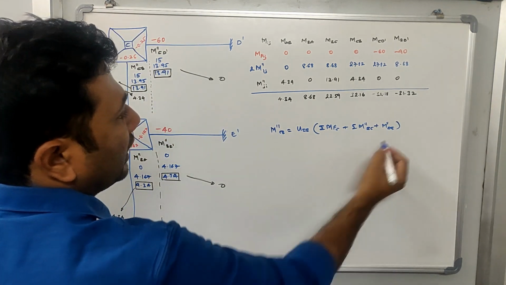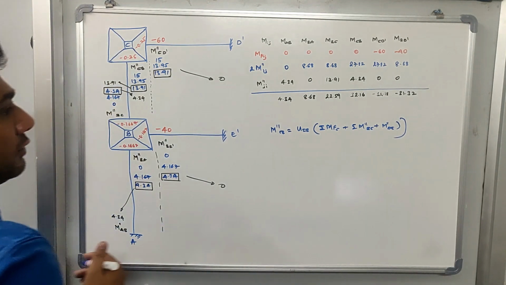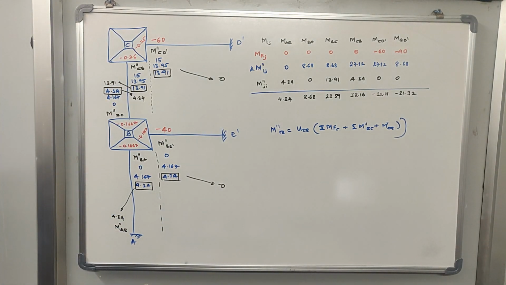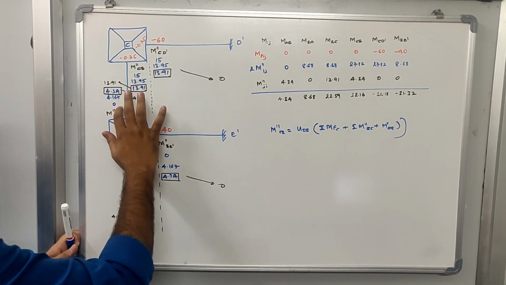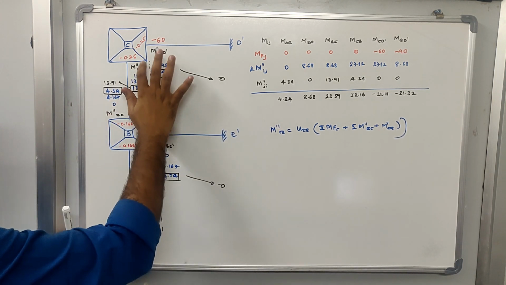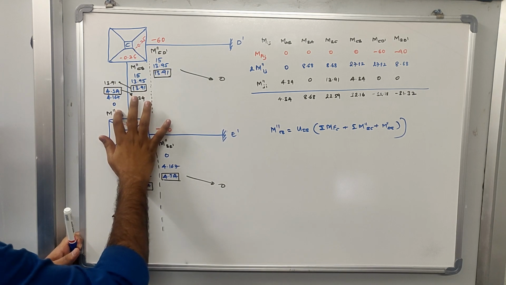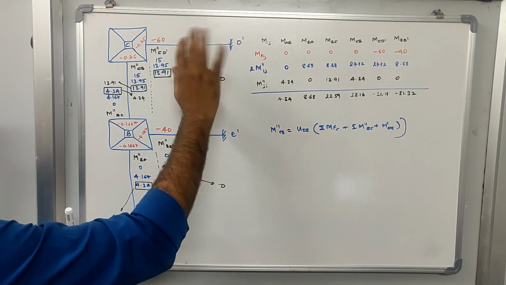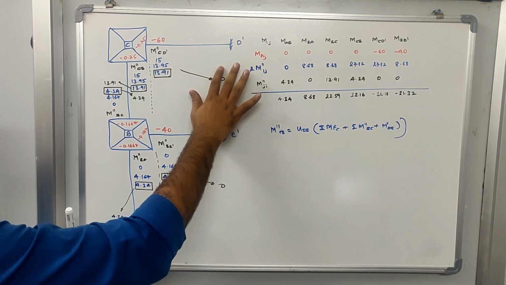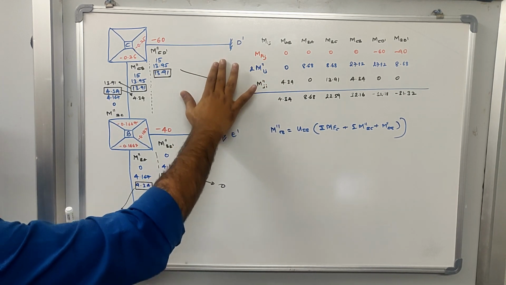These are the moments which we need to determine, and from that we can calculate how much M double dash CB is. As we know, the far end rotation moments for joint C will be M double dash CB and M double dash DC. Anyhow, we will not write any value over here, so we leave this part empty.